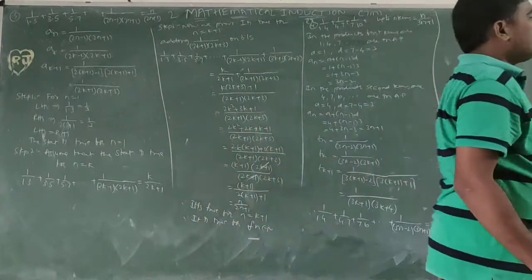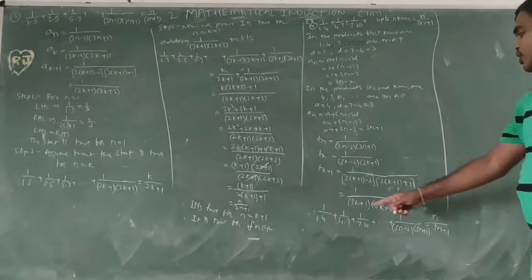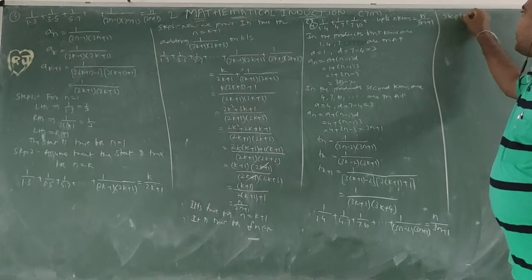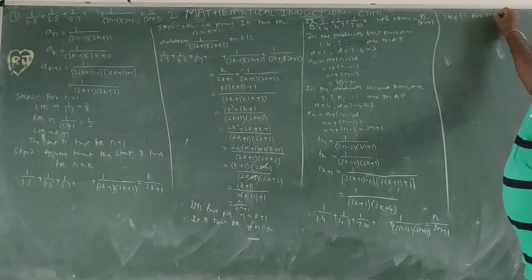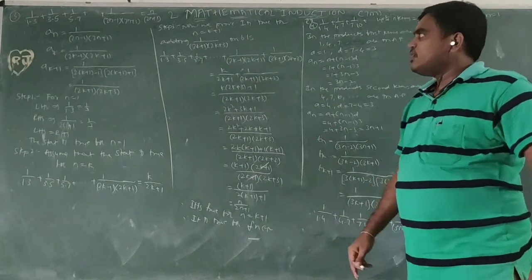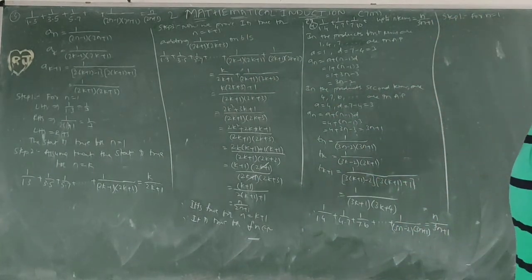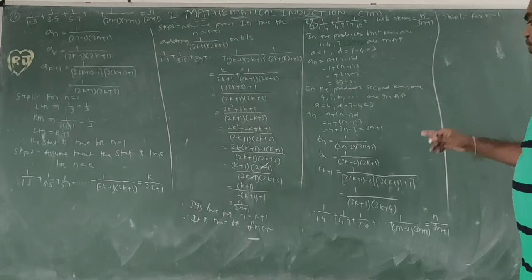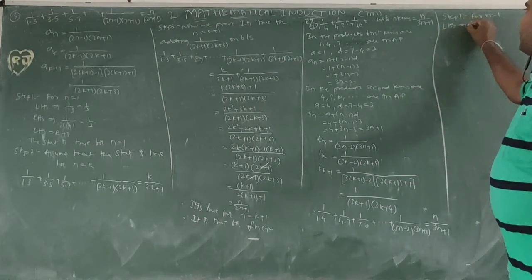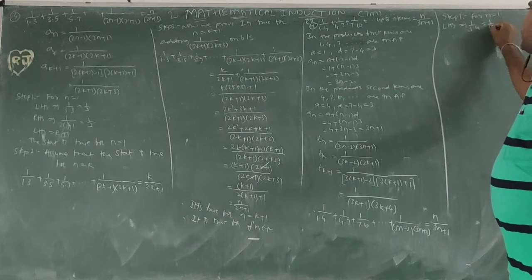Now, this is the statement. Step 1: for n equal to 1. The remaining part is as it is, similar to the previous one. For n equal to 1, means the first term, LHS is 1 by 1 into 4 equals 1 by 4.